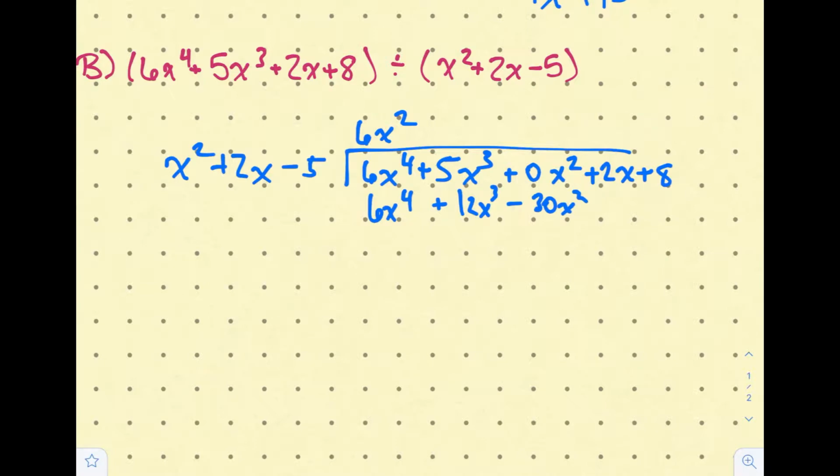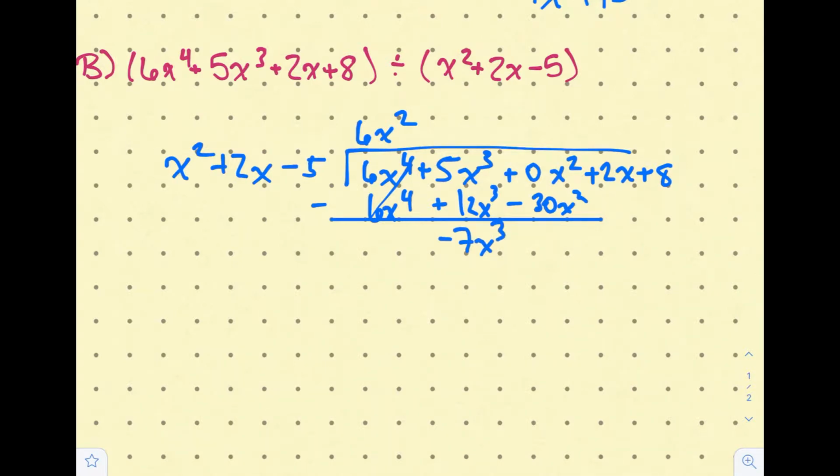All right, this is exactly why I included that 0x squared term, because otherwise that minus 30x squared would have nowhere to go. So as we subtract down, 6x to the fourth minus 6x to the fourth is 0, as it should always be. That should always cancel. 5x cubed minus 12x cubed is negative 7x cubed.